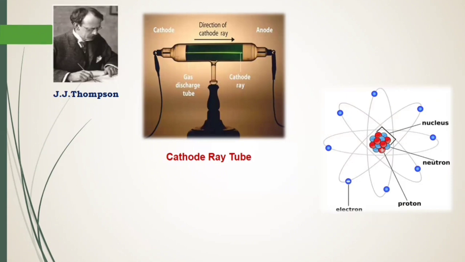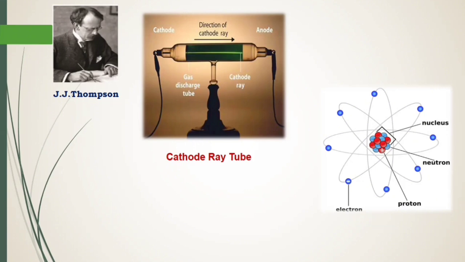I think you can see that there is something inner to these orbits, and there is a specific name given to that. According to Rutherford, he named this inner part the nucleus. In the diagram you can see it in two different colors.